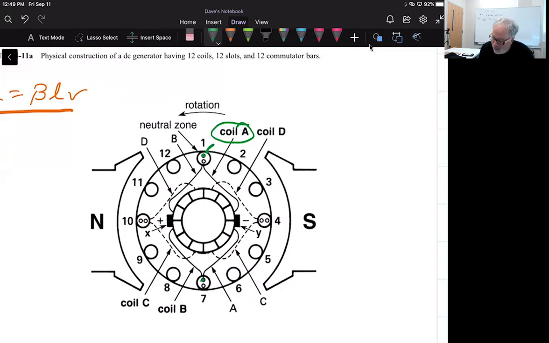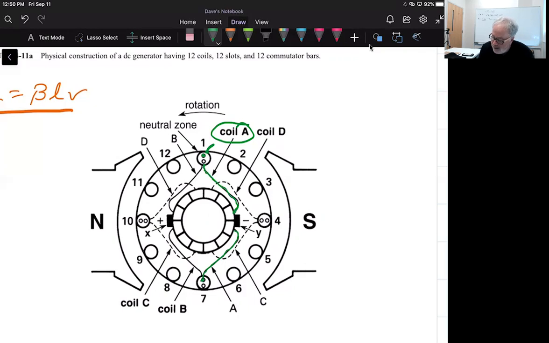Now, what I want to point out, and hadn't said before, is that each coil has to be connected to a commutator segment, because that's how we pick up the voltage. So this one side of coil A is connected here, and the other side of coil A is connected at that point.